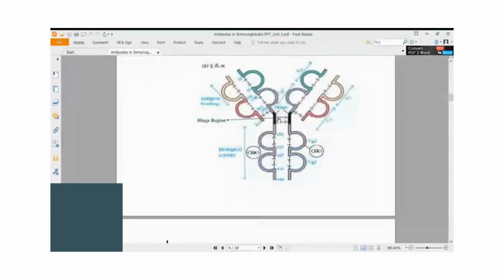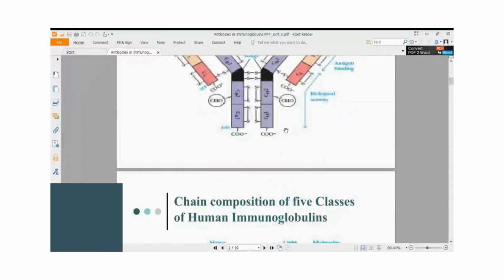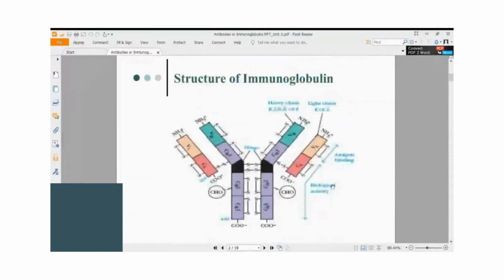Whereas IgG, IgA and IgD, because of the hinge region, are called more flexible. This is now shown as a Y shape. It can be shown also as a T shape by bending this arm.